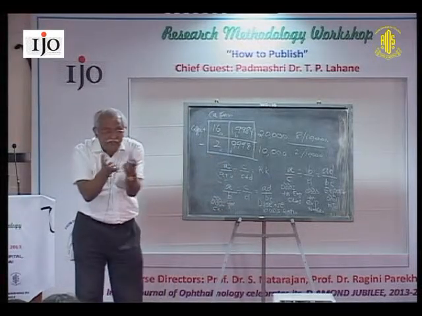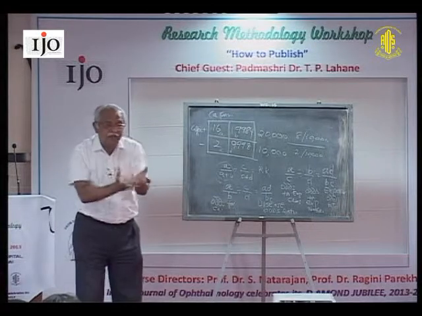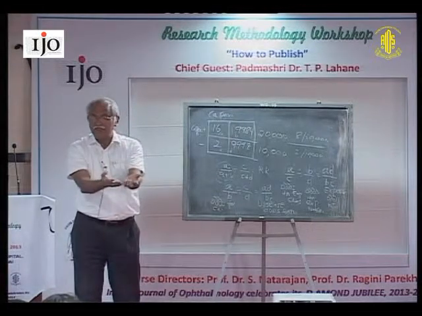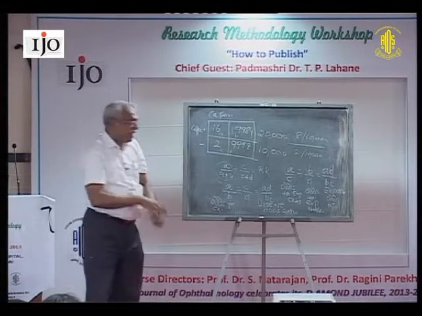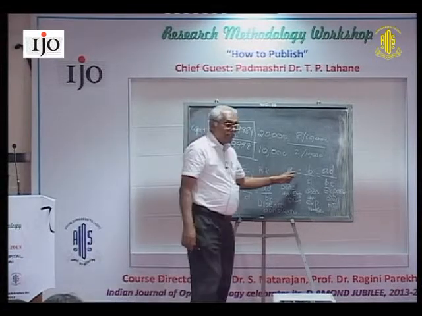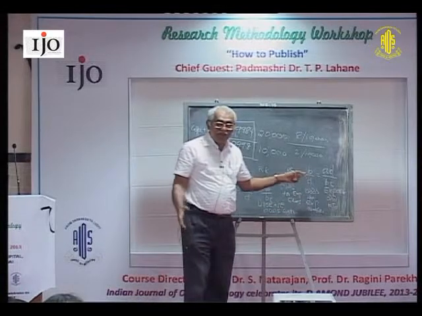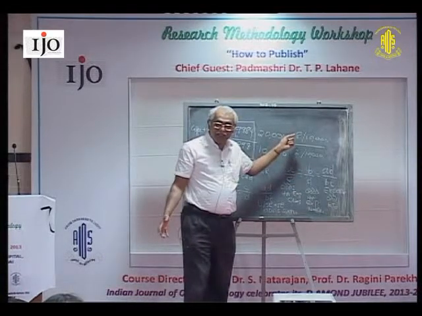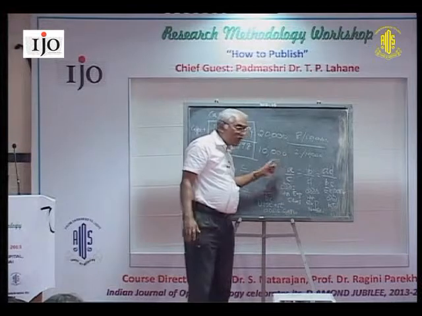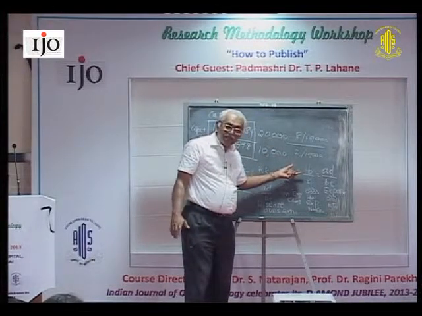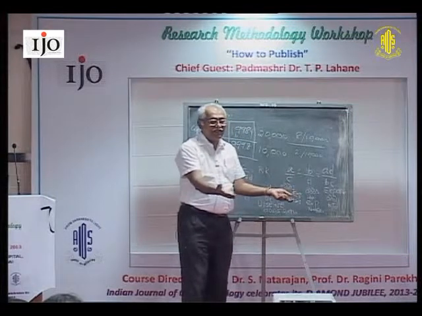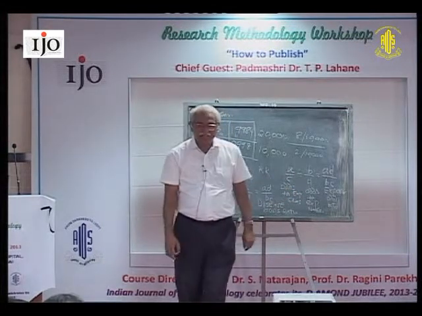You can assemble them as exposed, unexposed and follow them and grow old with them. Or if you are smarter, what do you do? You take cases and controls. And you don't need 20,000, 10,000. Find the odds for exposure among cases. Find the odds for exposure among controls. And there you go. You have a measure of relative risk.